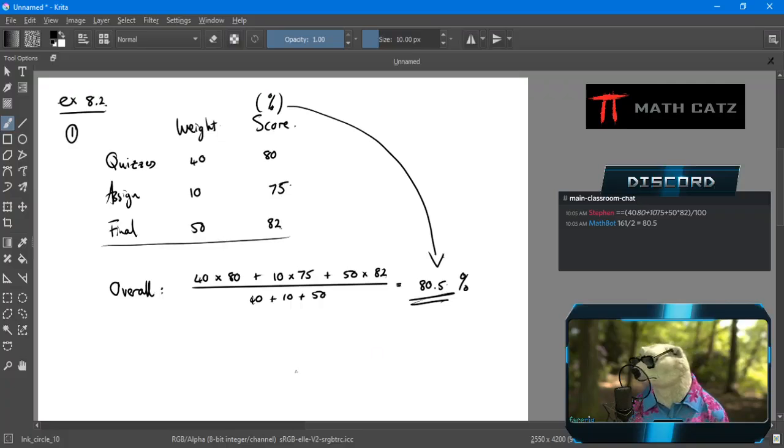So this way closely links to how the weighted average formula works. So it might be an easy way. It's just perhaps a little confusing when the weights are given as percentages and the scores are too, but they have different roles in the calculation. Should we do a more complicated one, or is that good enough?